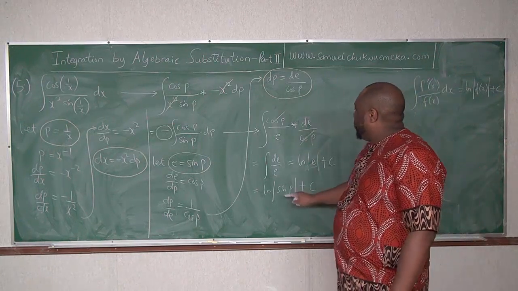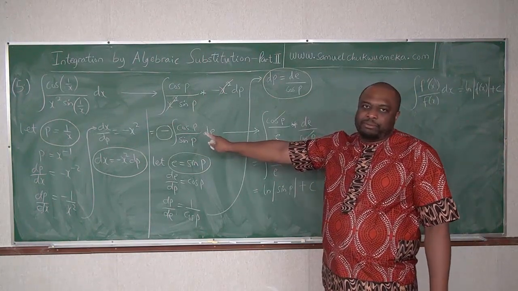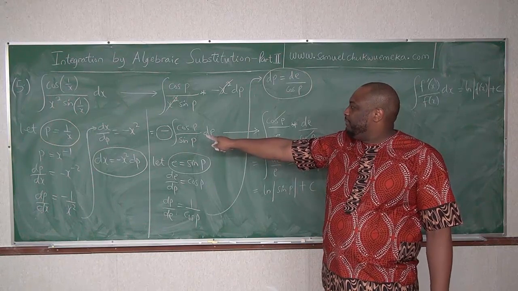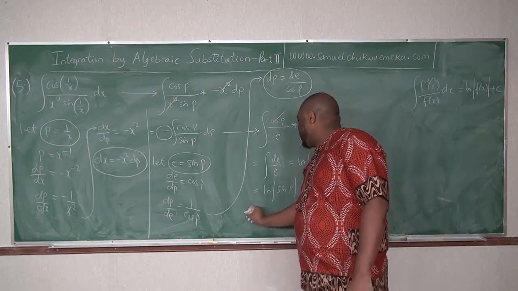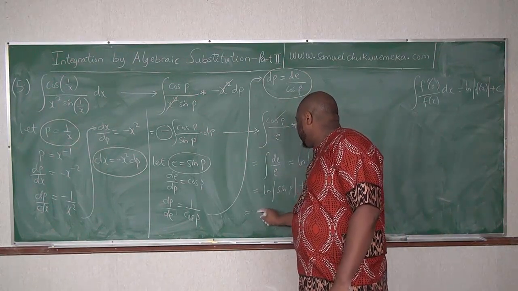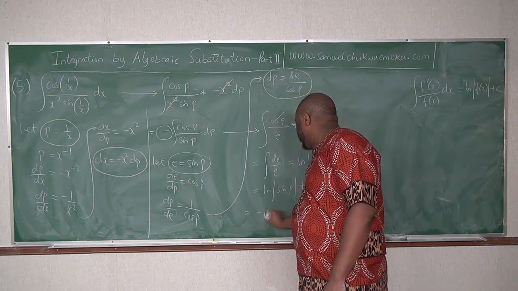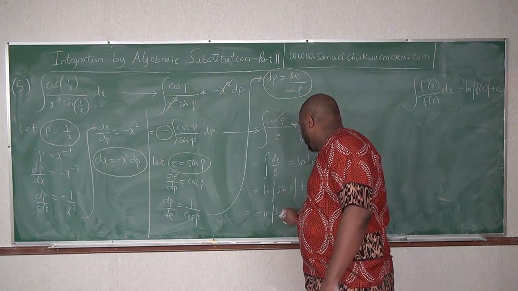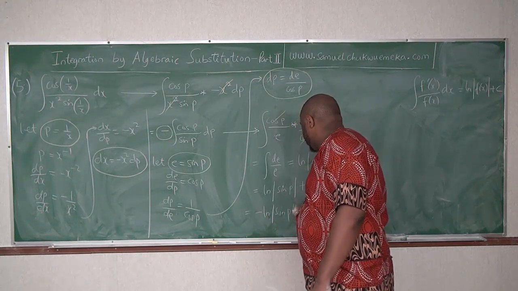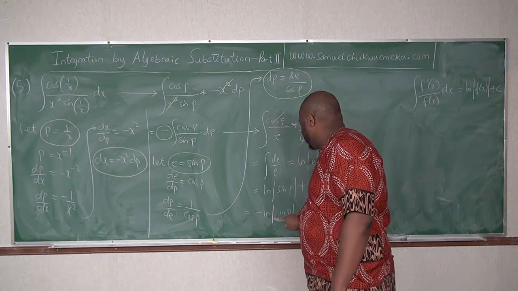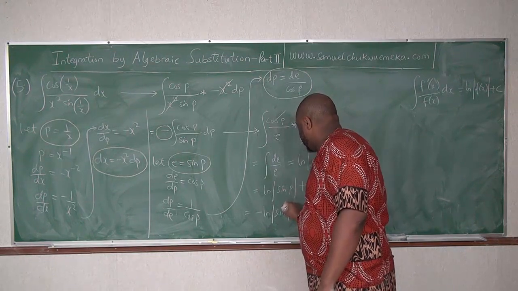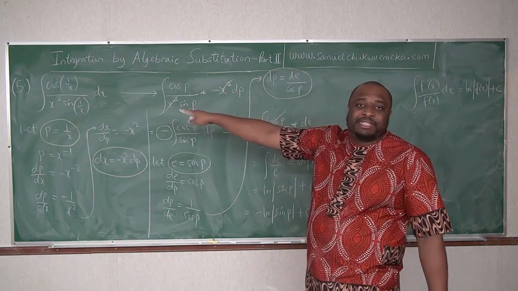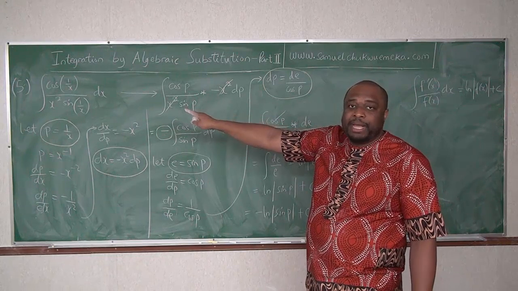Now we are going to get back our negative. So this is now negative ln absolute value of sine p plus C. But remember, they gave it to us in x. We have to put it back in x.